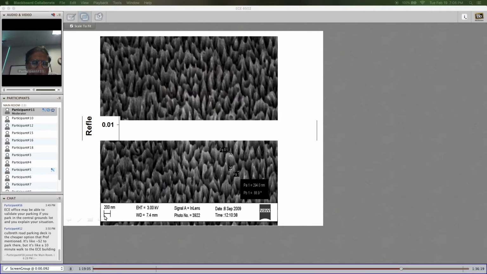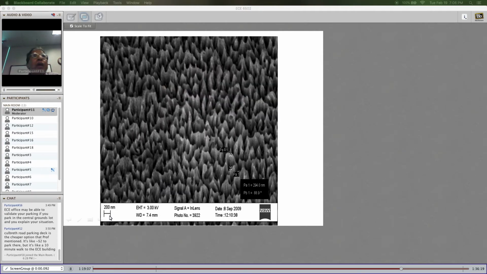Here is an SEM. Look at the scale here. This is 200 nanometer, not 2 micron as in the other SEM. Look, a nanoporous structure has been created on silicon, and this also gives you a nice black surface. This does not give you a black surface with the principle we discussed, multiple reflection.